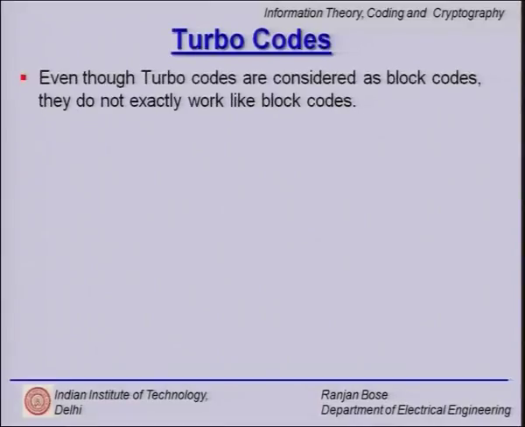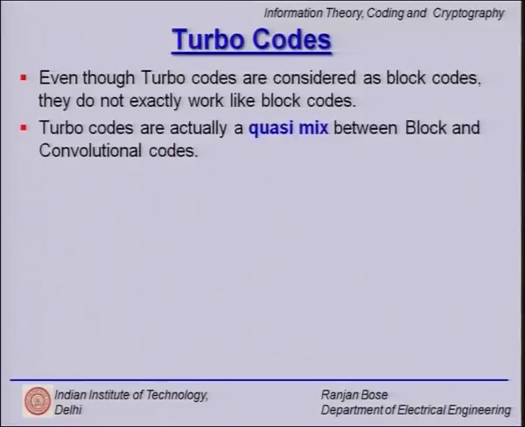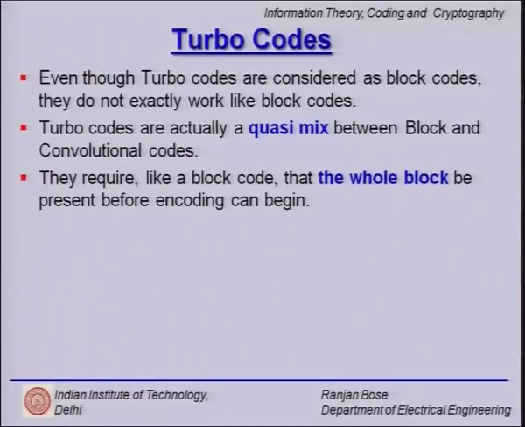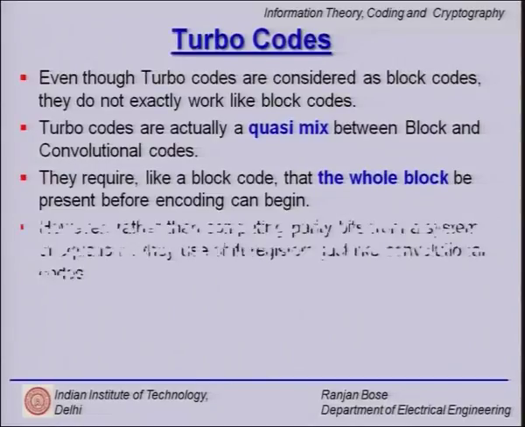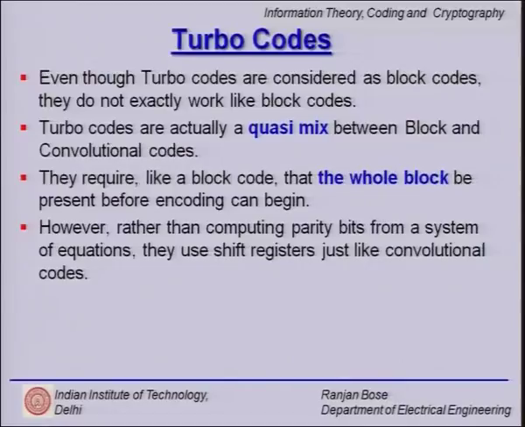You will shortly see that turbo codes behave like block codes to some extent, but they are kind of in between convolutional codes and block codes, a quasi mix, so to say. They require the whole block to be received before decoding can start to happen. But rather than computing the parity bits from a system of equations, they use shift registers just like convolutional codes.